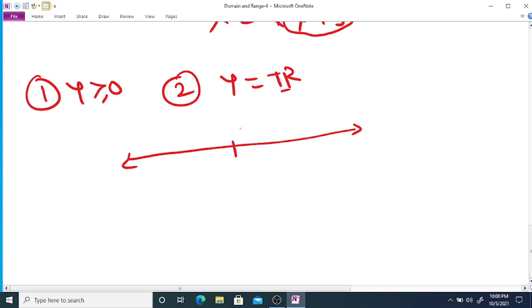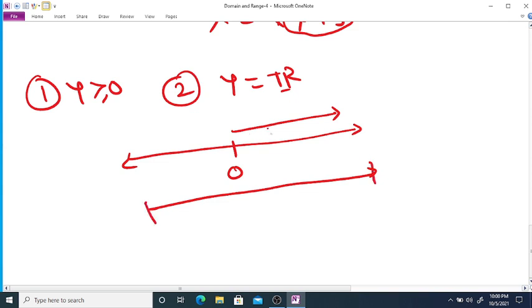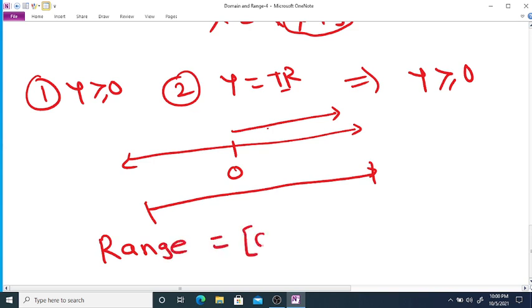The first solution is y ≥ 0 and the second is the complete real line. The common solution is y ≥ 0, and therefore the range is 0 to infinity.